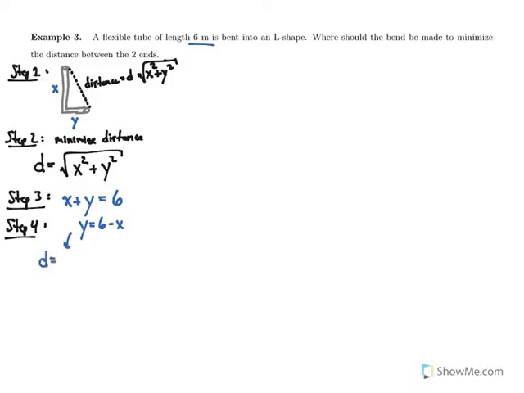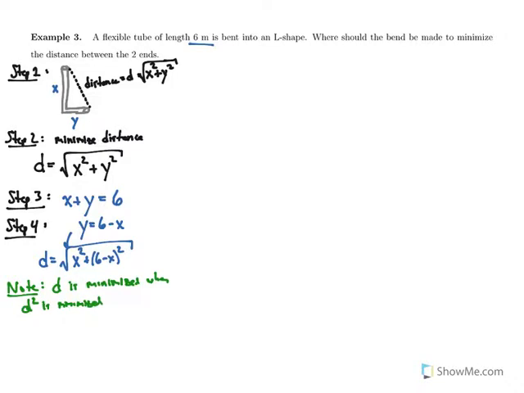So d is equal to the square root of x squared plus (6 minus x) squared. Now there's one little note here before we can write down our function. You could do this with the square root, but note that d is minimized when d squared is minimized.